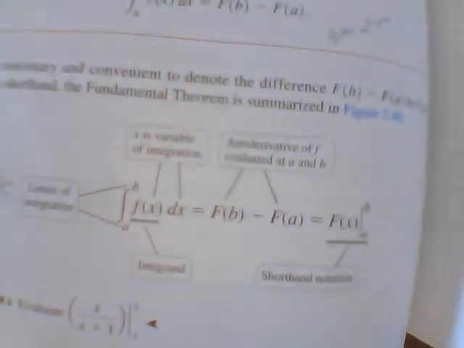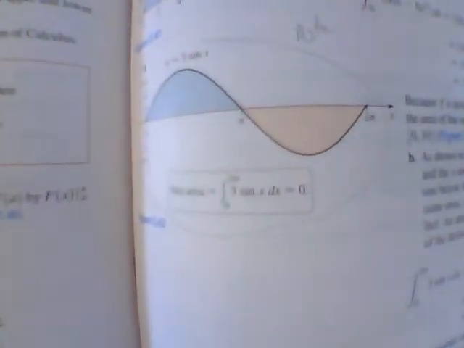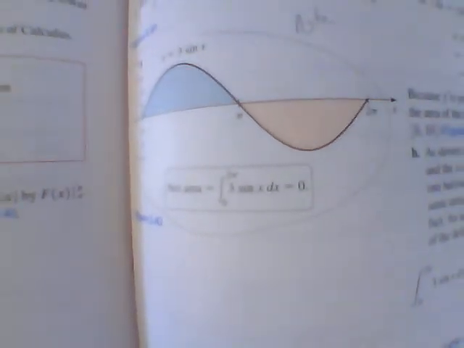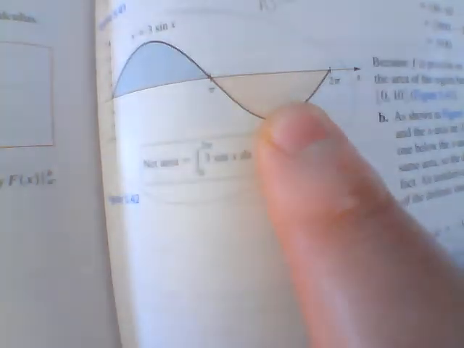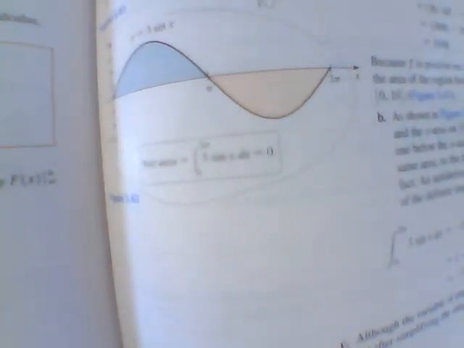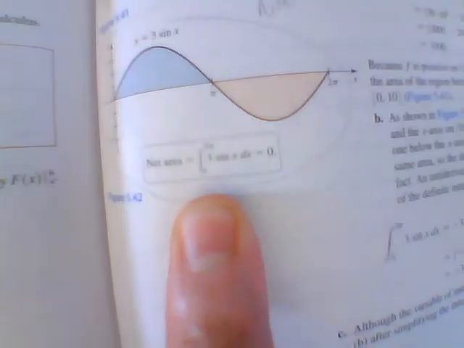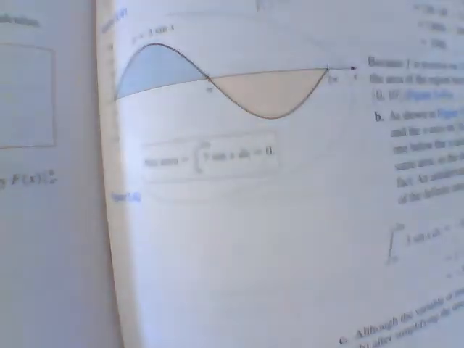Now, do realize, like everything else, it is the net area. If we have a graph that's above the x-axis and below the x-axis and we're finding net area, the fundamental theorem of calculus is going to give us the net area.